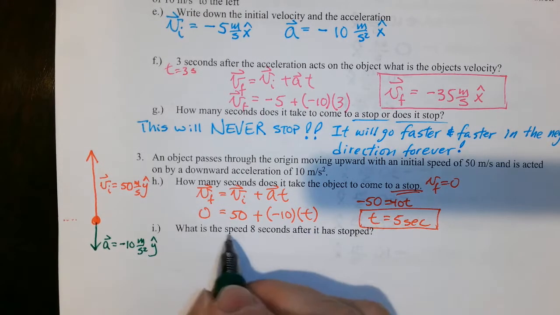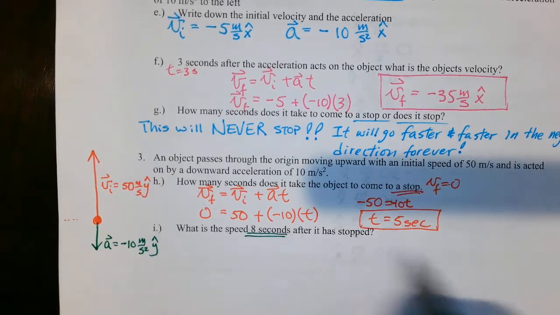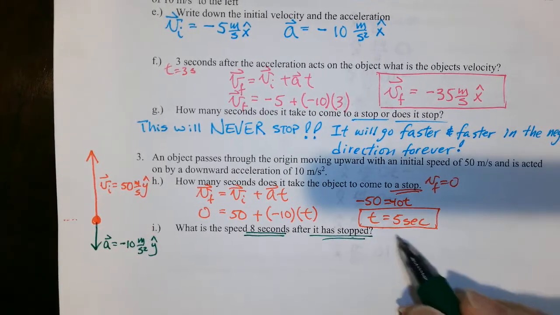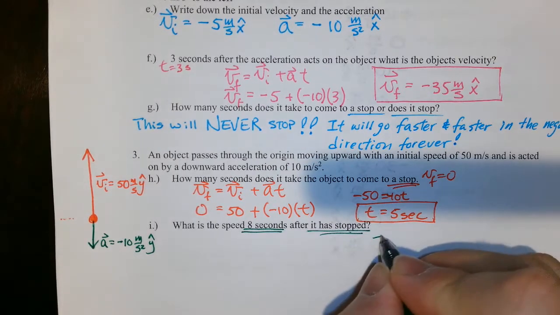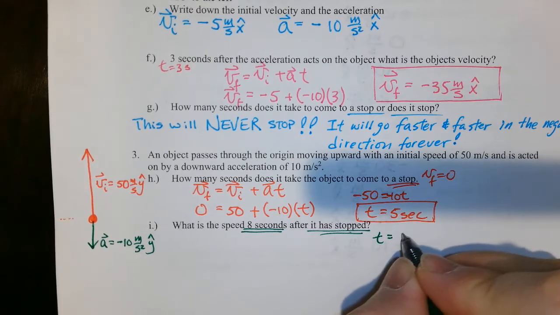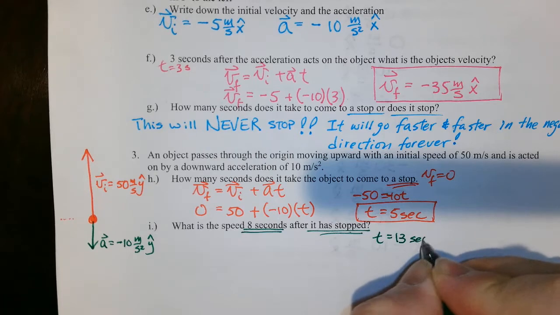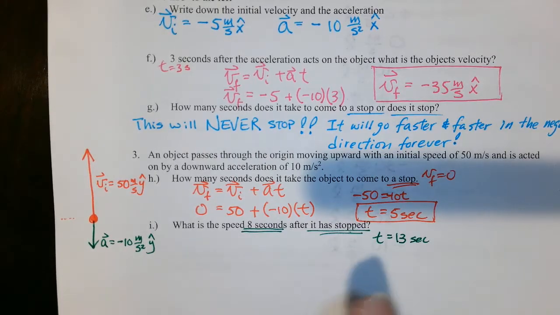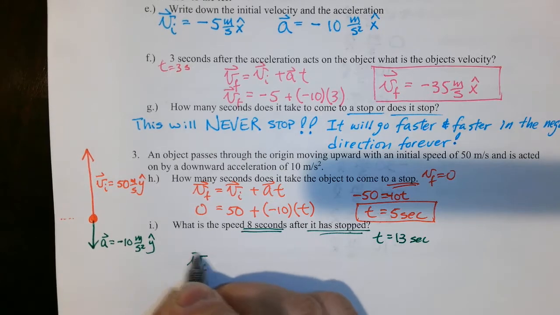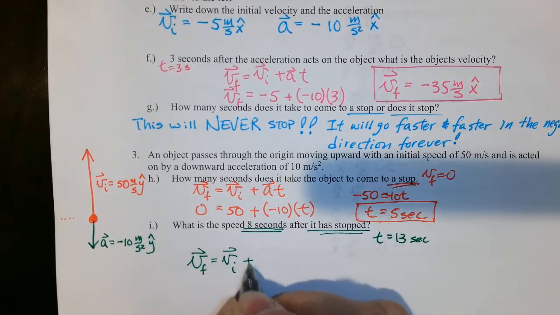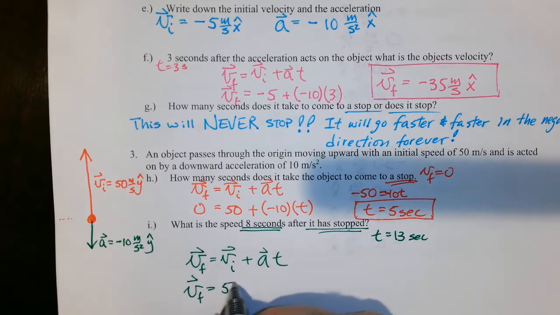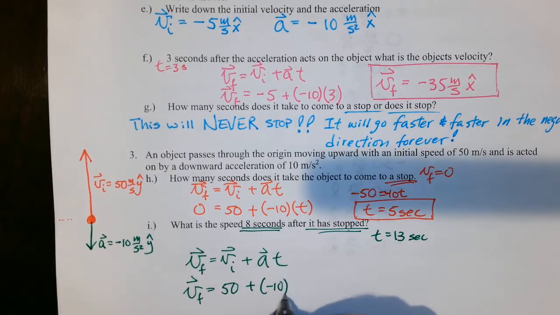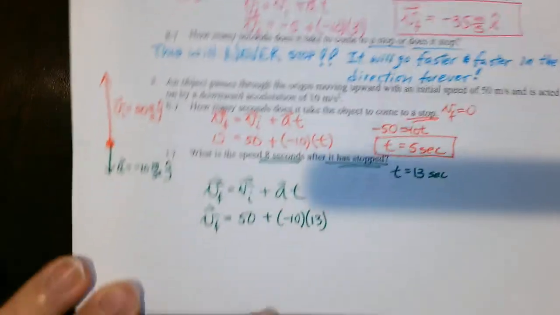Now, what is the speed 8 seconds after it has stopped? If it takes 5 seconds to stop, and then 8 seconds after it stops, the total time happens to be 13 seconds. They want to know what the speed is. So Vf is equal to Vi plus At. Vf is what we're looking for. Vi is 50 plus negative 10 times 13 seconds.